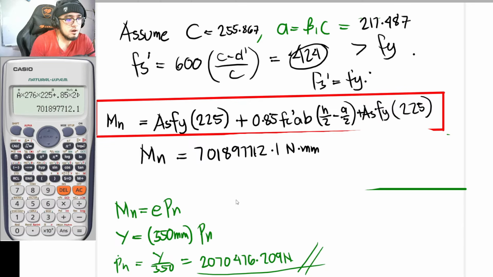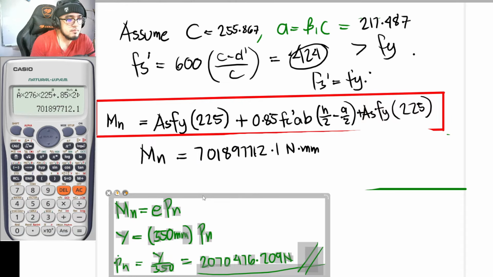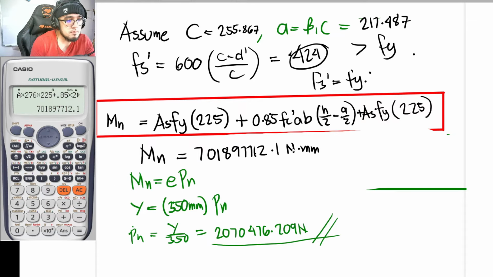Okay, so the next thing that we will be doing is that we will now be solving for Pn. So solve naman natin yung Pn in terms of this. So ayun. So with that guys, I will just be storing this to Y. So shift store Y para same equation tayo dito.